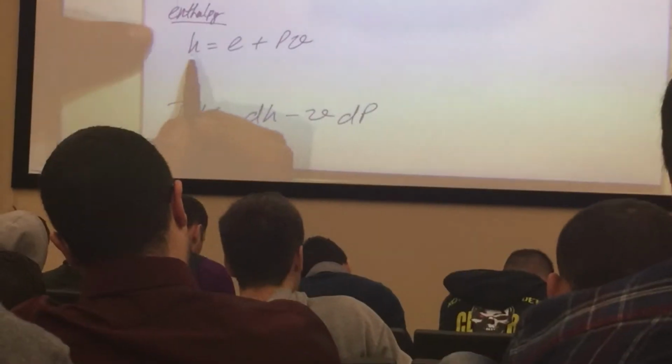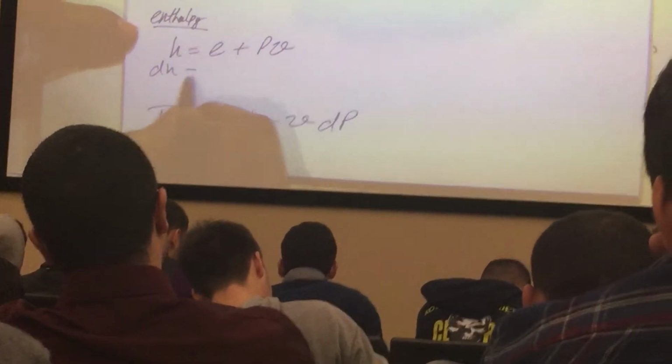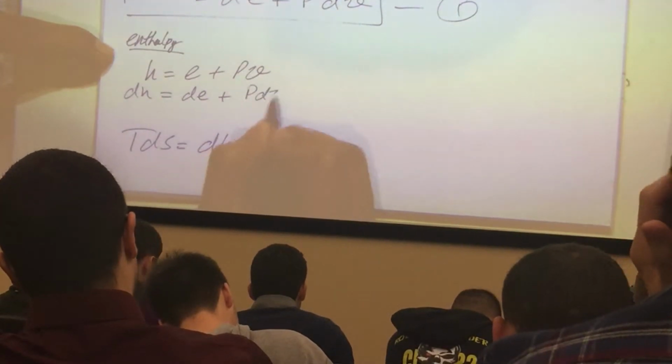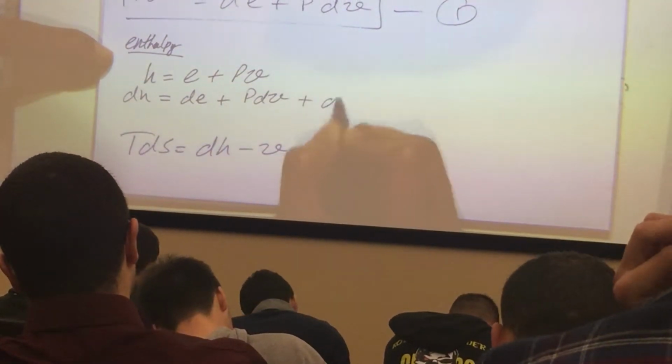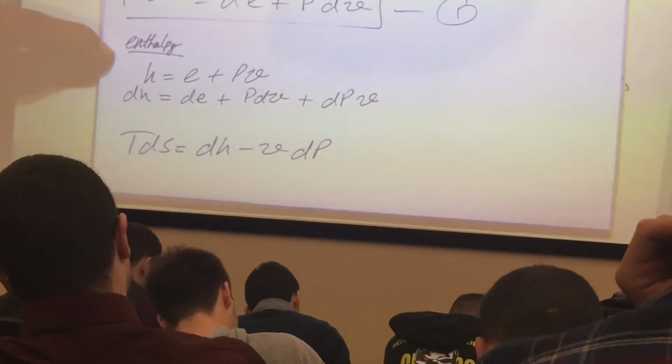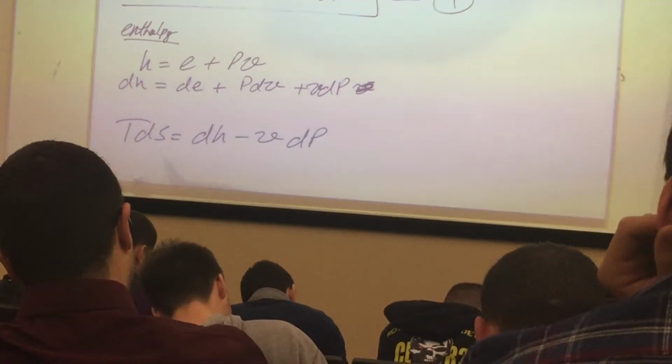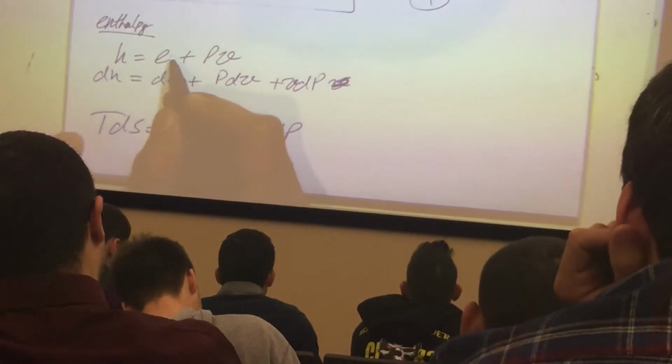Well, I already know that the enthalpy is equal to the internal energy plus P dV plus V dP. So from there, I could rearrange my terms and substitute this in there.